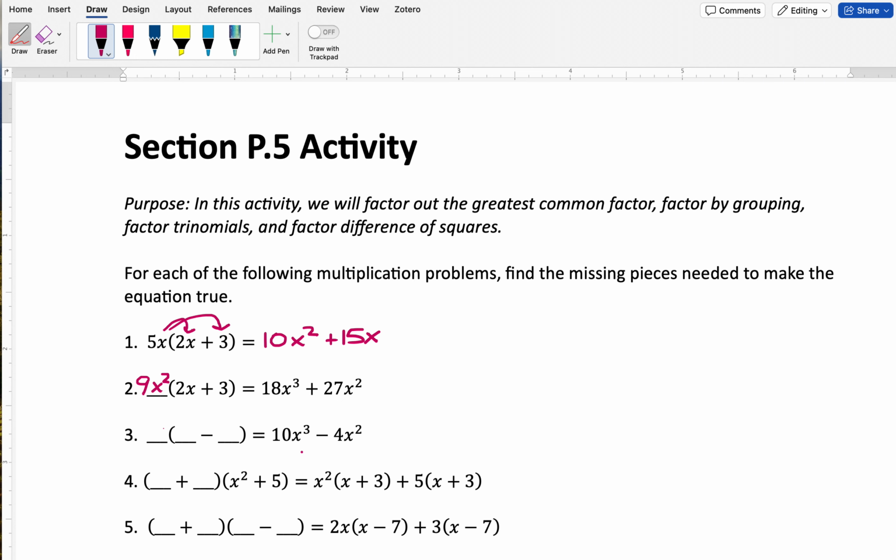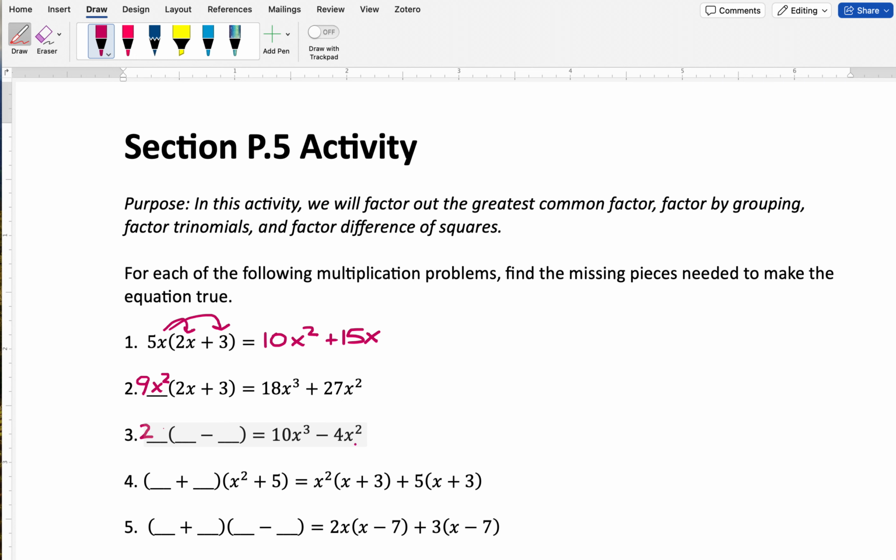In number 3, now I'm trying to find what's on the outside and what's inside the set of parentheses. So in order to do that, what I need to think about is what number can both 10 and 4 be divided by? That's the largest number that both 10 and 4 can be divided by. So 10 and 4 can both be divided by 2.